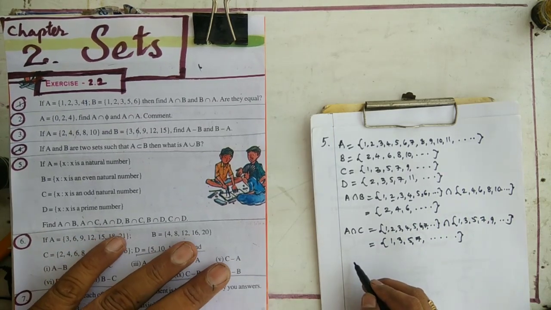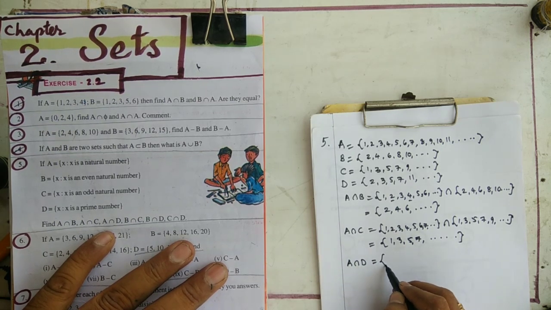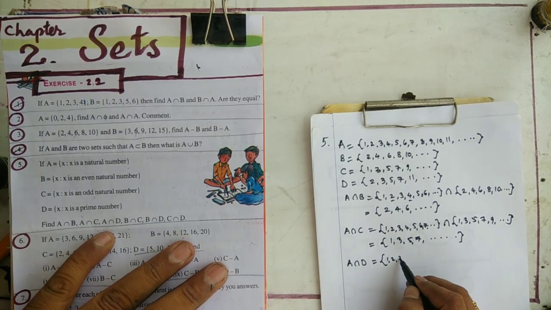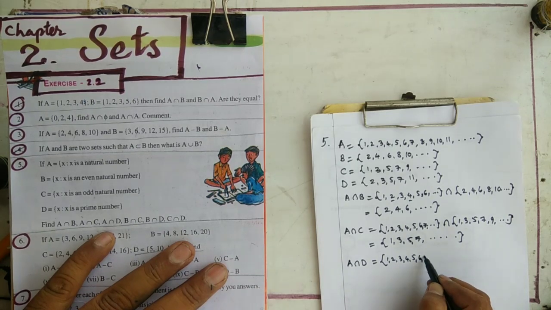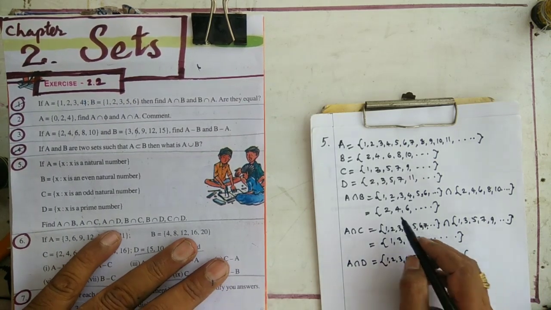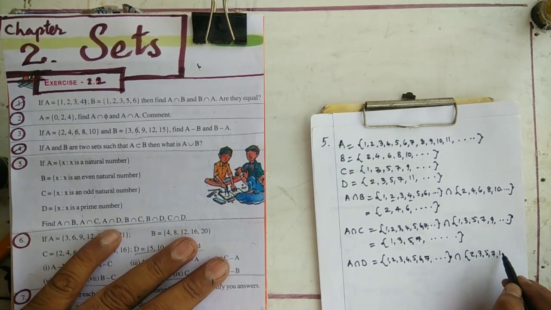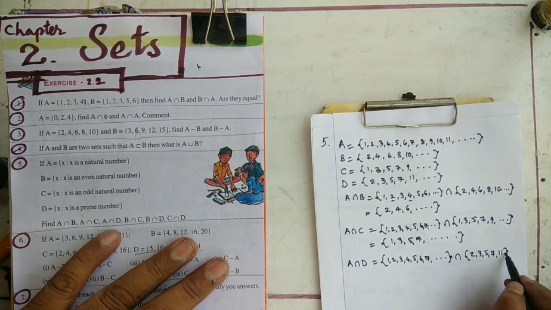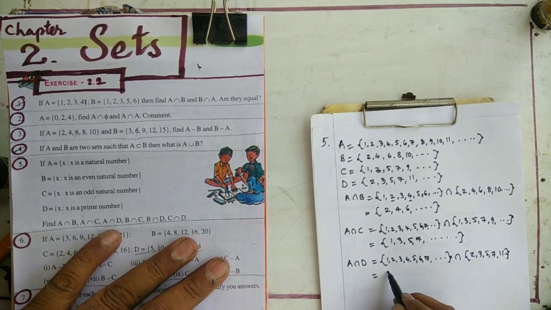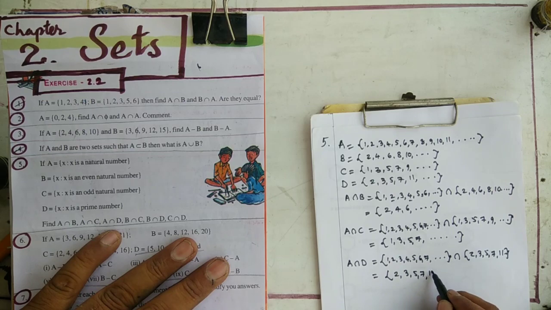Next, A intersection D. A is the set of 1 2 3 4 5 6 7 and so on. D is the prime numbers 2 3 5 7 11 and so on. What are the common elements? 2 3 5 7 11 and so on.